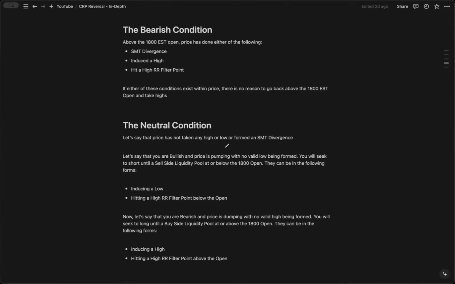Let's say price has not taken any higher low or formed an S&P divergence. For example, let's say that you are bullish, and price is pumping with no valid low being formed. Then what you will do is you will short until price goes to the opening price.